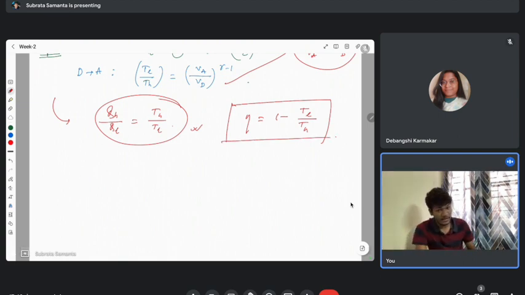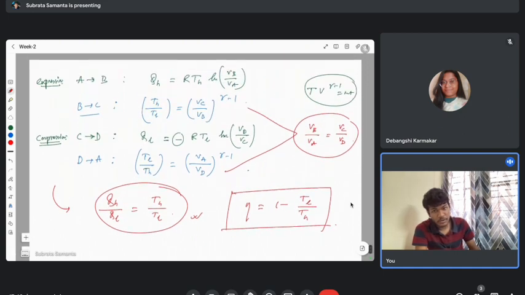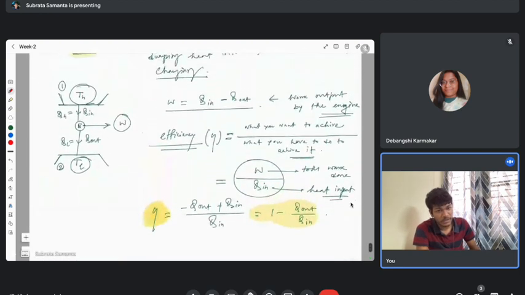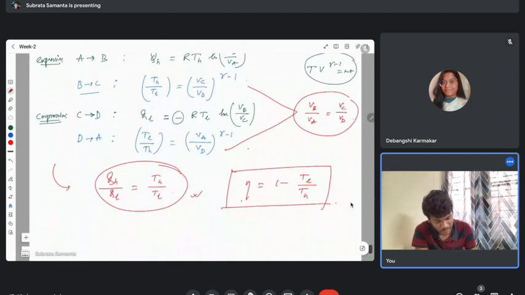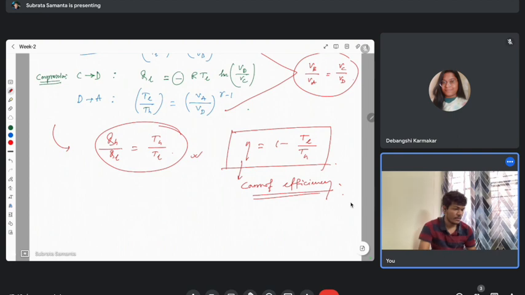Again, this is for the ideal gas, and we are calculating it for the Carnot cycle. This efficiency is called the Carnot efficiency.